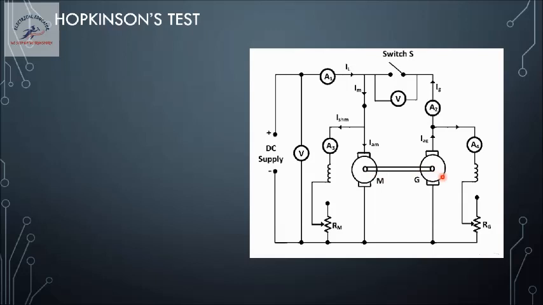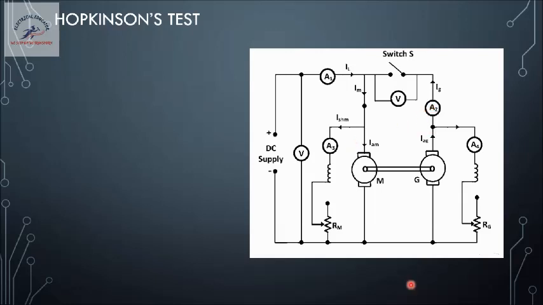Once running at rated speed, using the generator field rheostat, vary the voltage. The motor terminal voltage and generator terminal voltage should be the same, so there should not be any potential difference between motor and generator terminals.